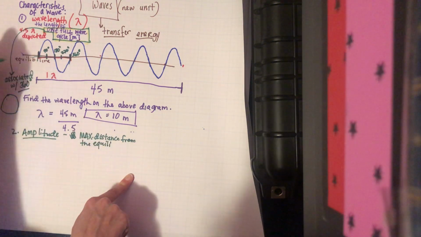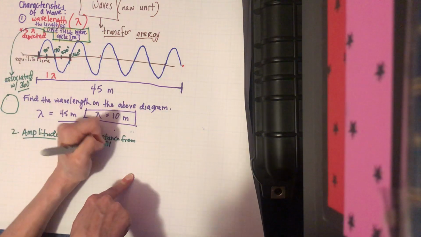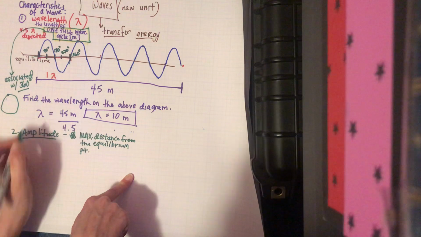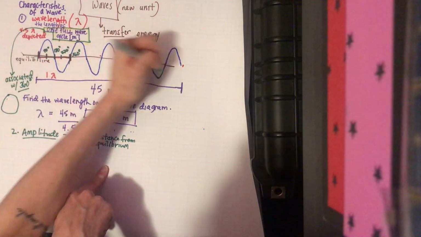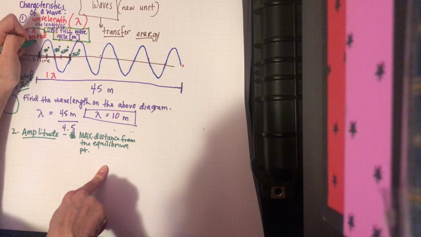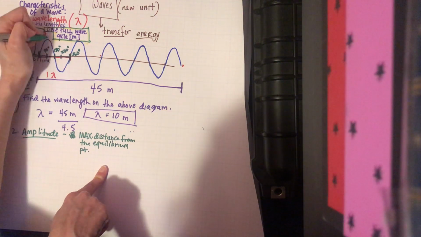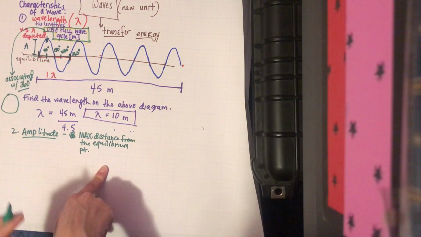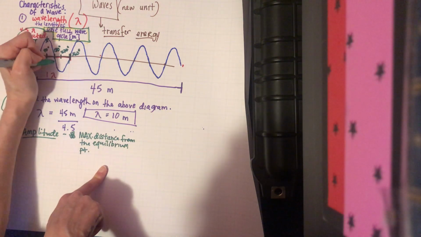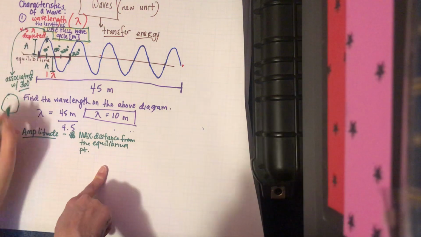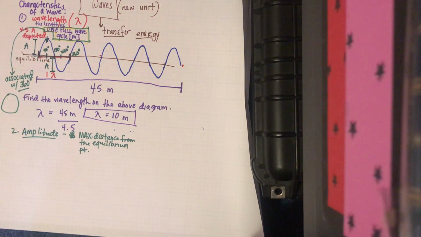Our line here is our equilibrium line, so our amplitude is in reference to this line. We can measure our amplitude from the equilibrium line to the highest point, which we're going to name in a second, or from the equilibrium line to the lowest point. That distance is our amplitude.